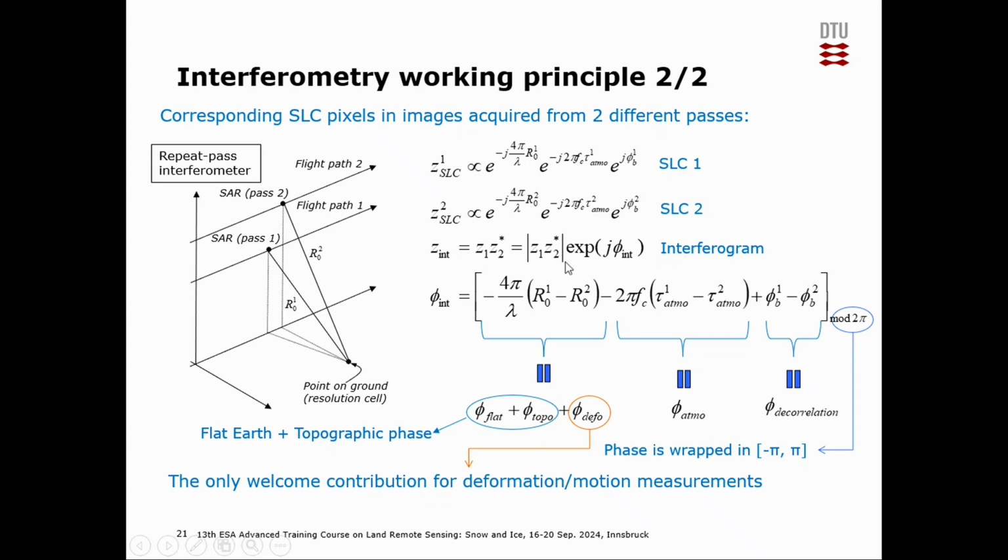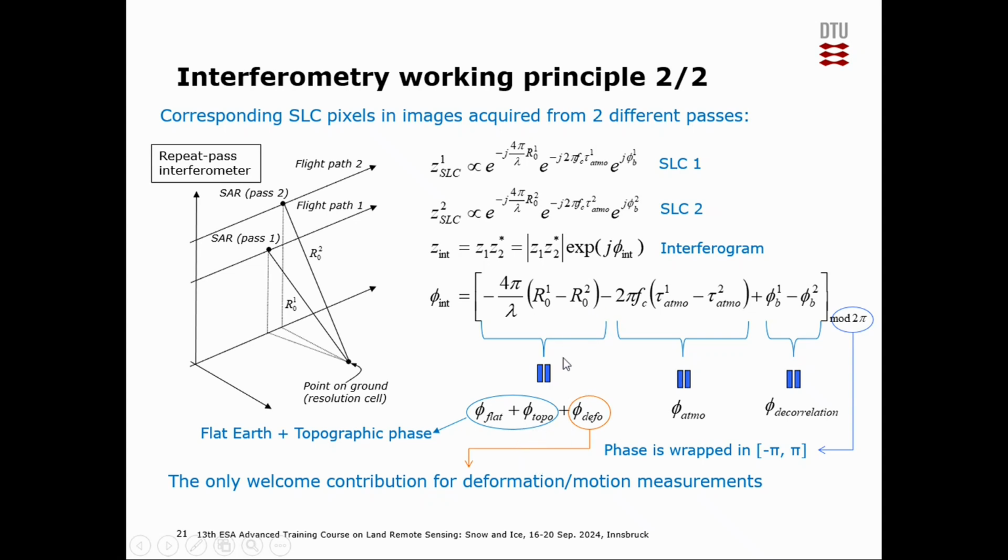So if we form an interferogram, which we form by a complex multiplication whose phase is the phase difference, this phase difference will have different terms. A deterministic term, which is the difference between R0, an atmospheric term, and we will see how that looks, which is the difference of the two atmospheric propagation delays, and a speckle term, a difference of two random quantities, random variables.